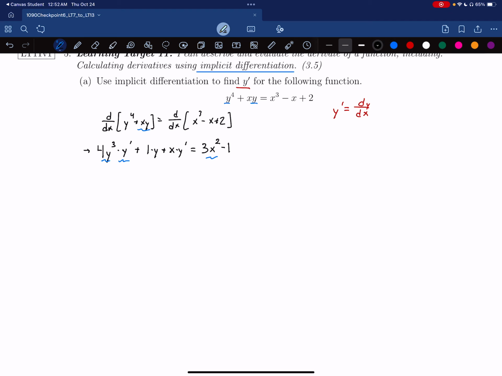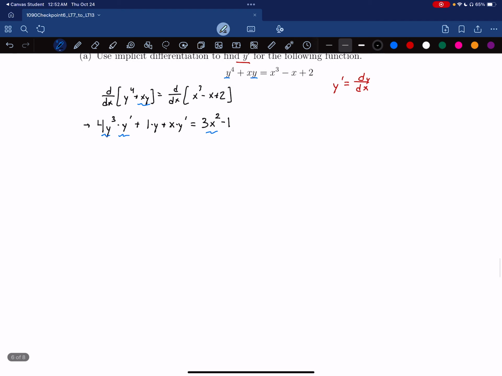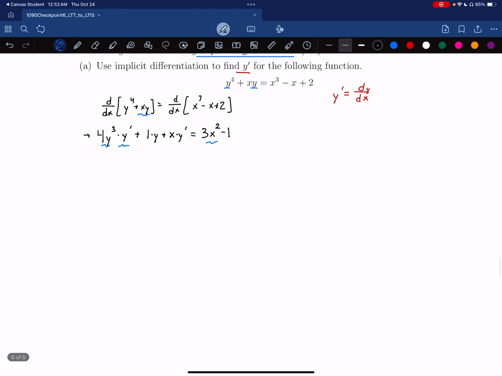I just like writing y prime, it's a little bit easier to write. So if we're trying to solve for y prime, the rest of the problem is just algebra. I'm going to keep my y prime terms on the left, and I'm going to move this term over here because that doesn't involve y prime.